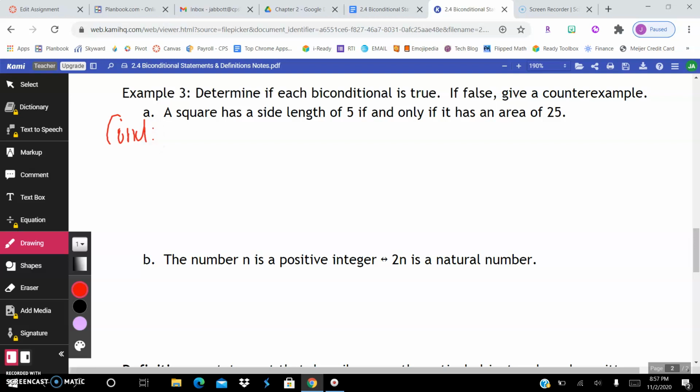So the conditional, we have to make: if a square has a side length of 5, then it has an area of 25.